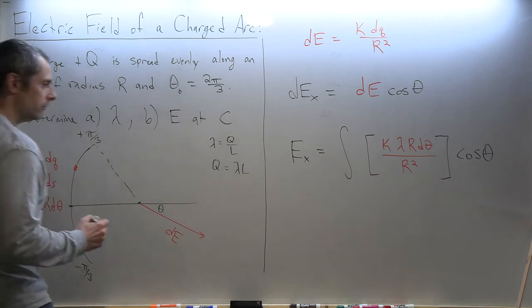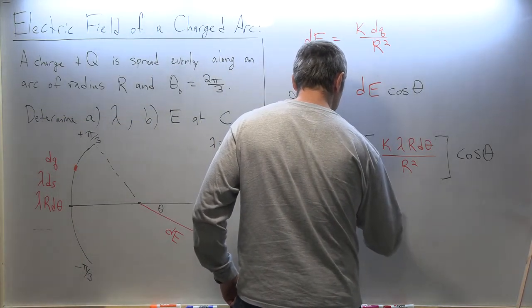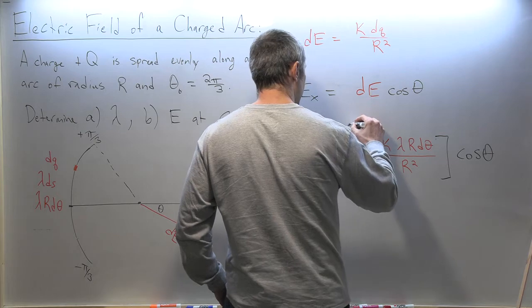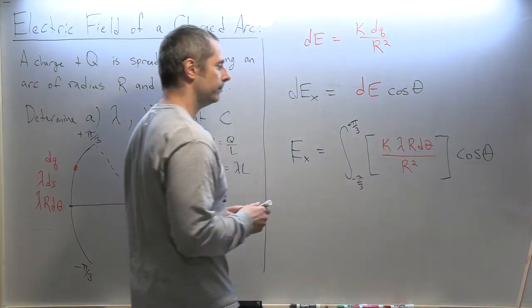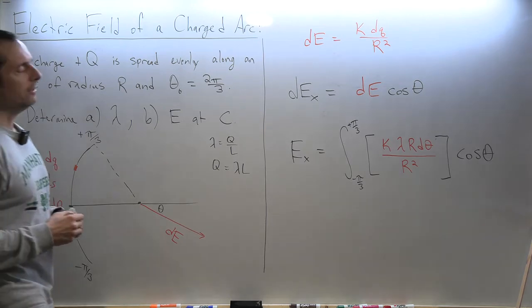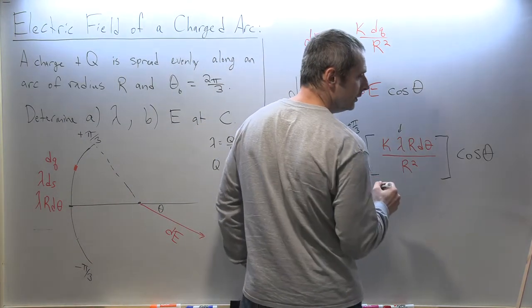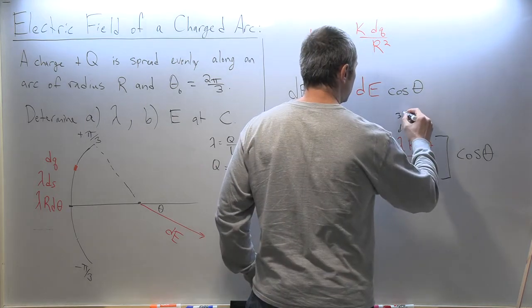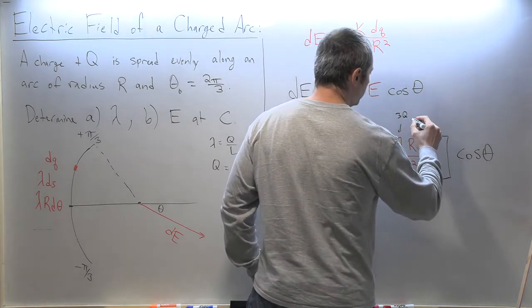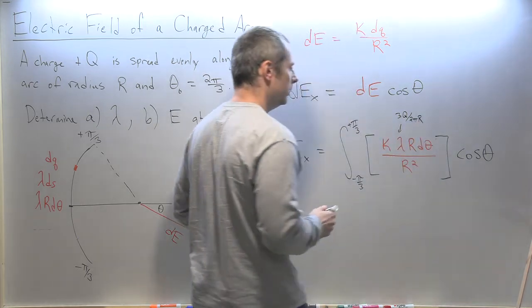So those are my limits, from minus pi over 3 to positive pi over 3. Furthermore, we can plug in the lambda from the previous part of the problem. That was 3q over 2 pi r. Okay?